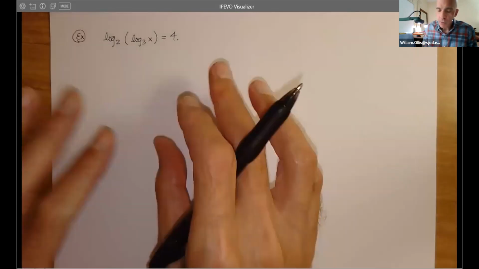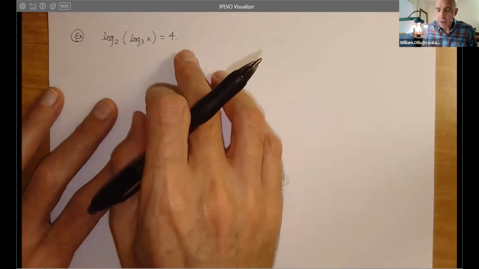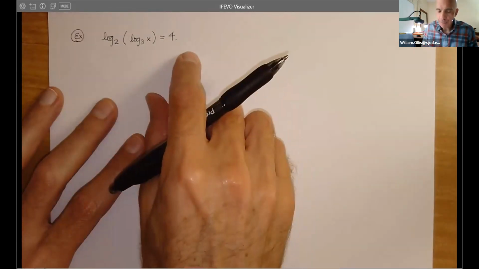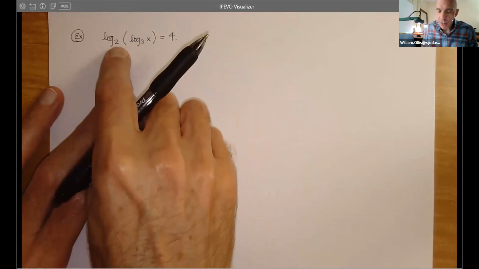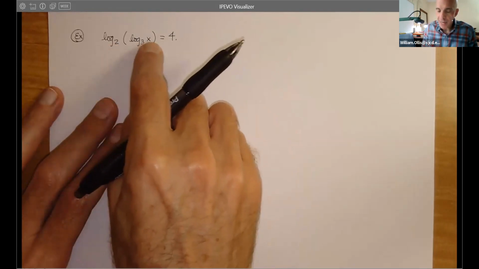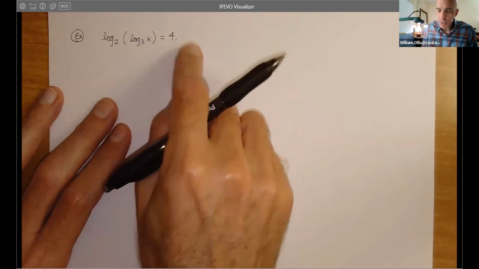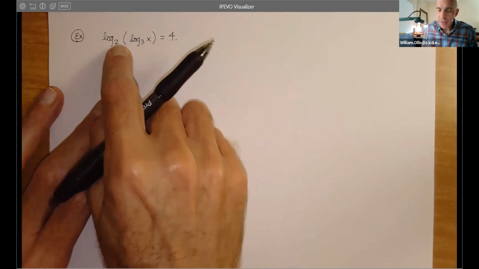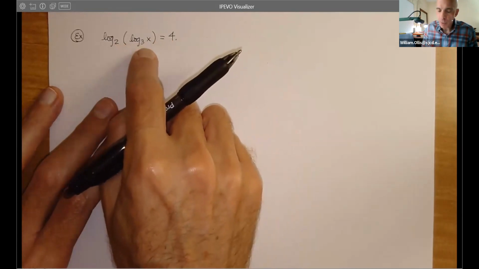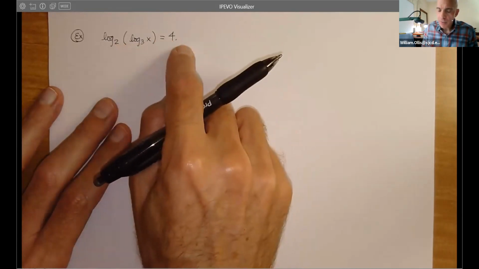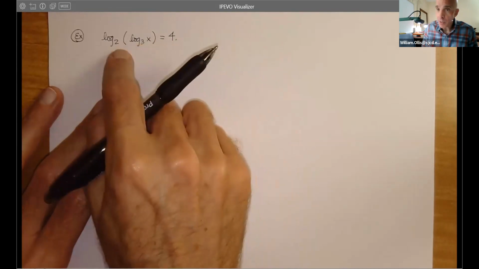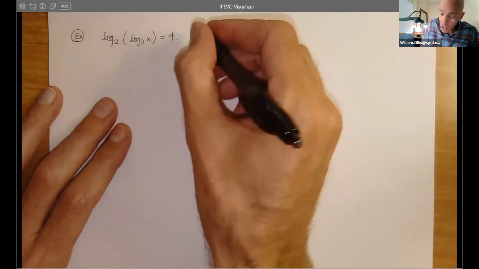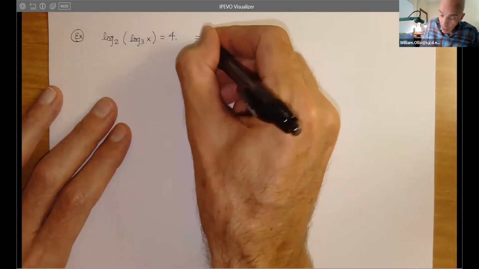So when you look at this, we're thinking, all right, well, what does this mean? We've got the base 2 logarithm of the base 3 logarithm of x equals 4. So notice here, we see the power of 2 that equals the base 3 logarithm of x is 4. That is, the argument of the logarithm is a logarithm, but it doesn't change how we interpret the logarithm.